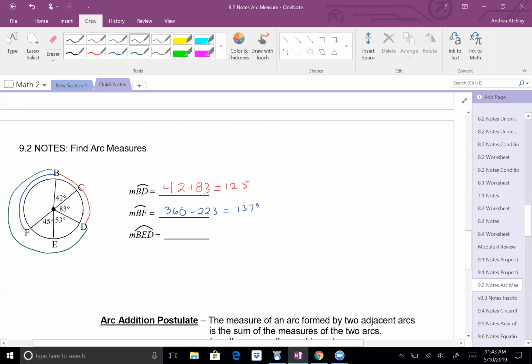You're going to add 137 plus 45 plus 53, which equals 235. Any questions over that? All good?